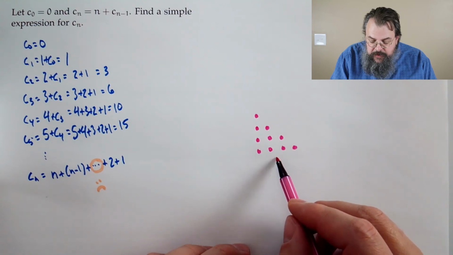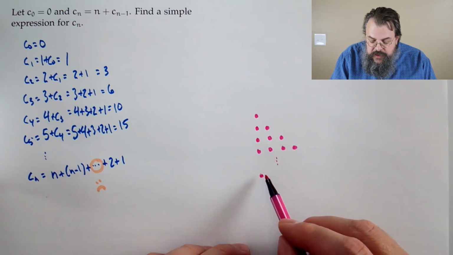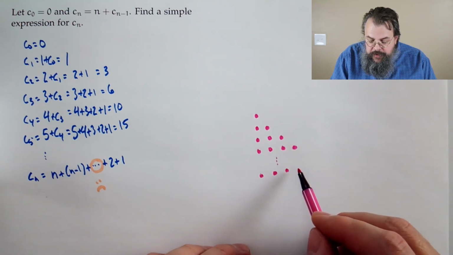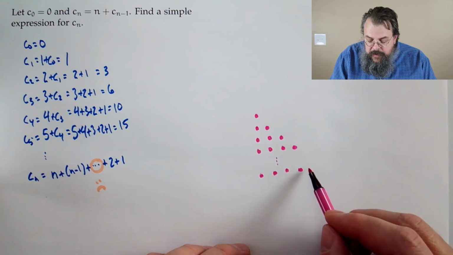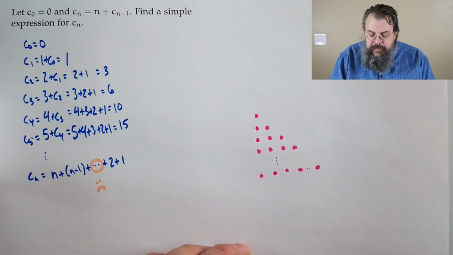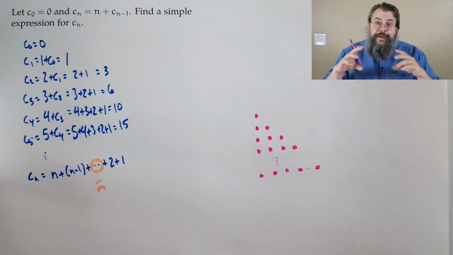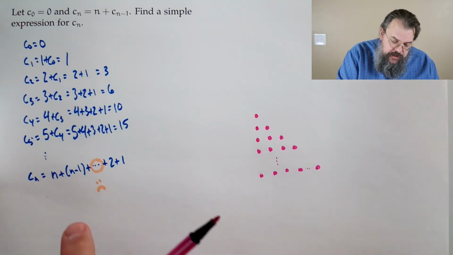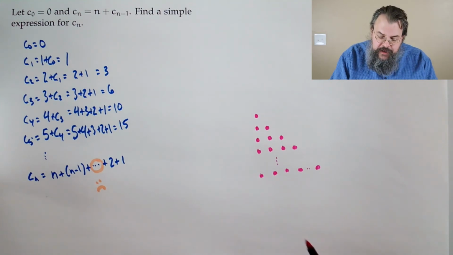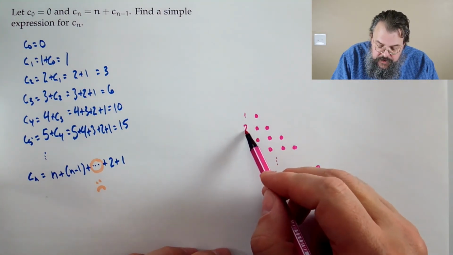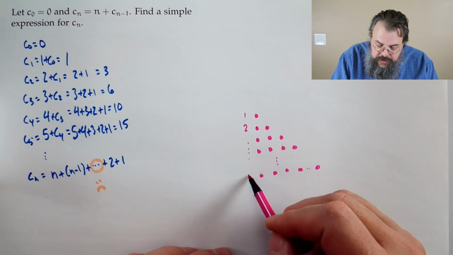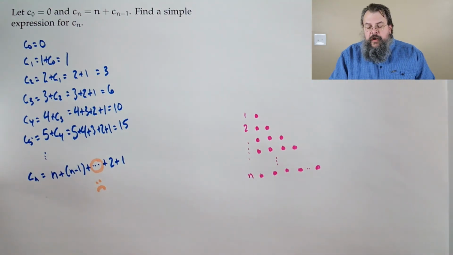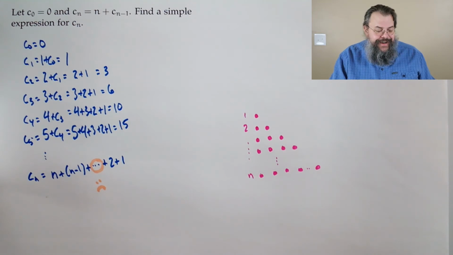And you can imagine we keep going for a while until we eventually end up with some number. So there are my dots, and however many dots there are, that's that number. Okay, so there's a 1, 2, down to n. All right, so how are we going to count?